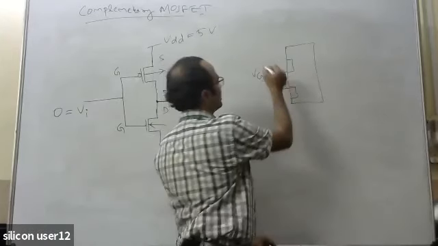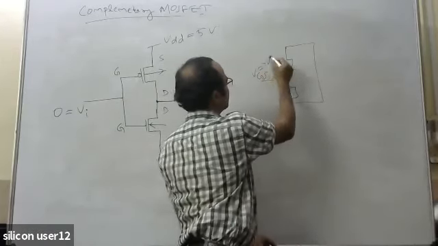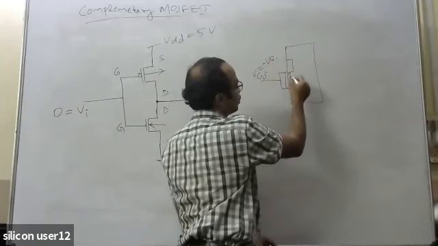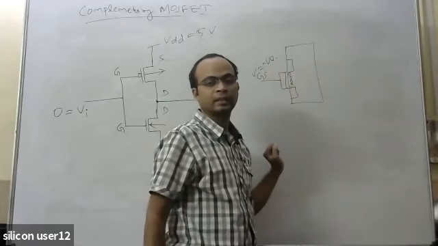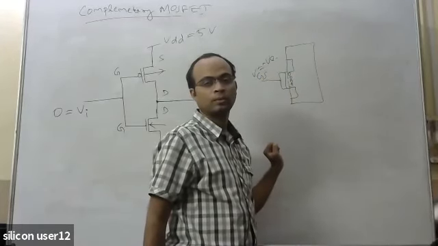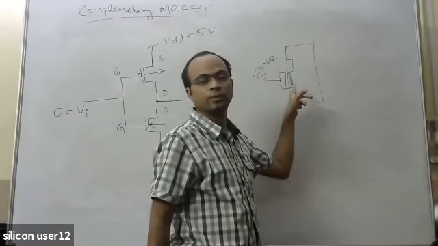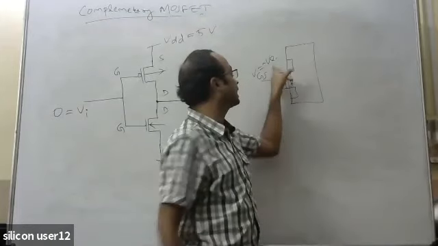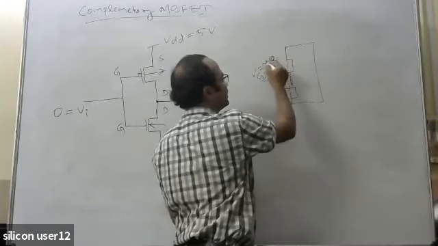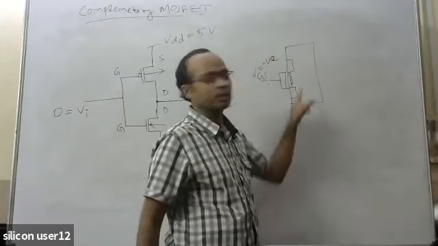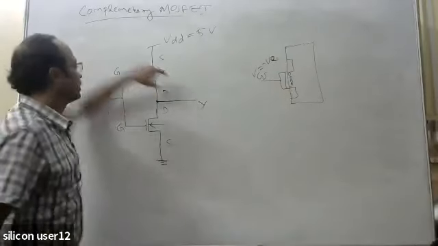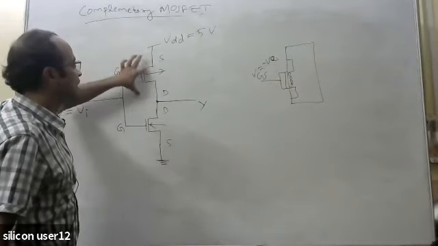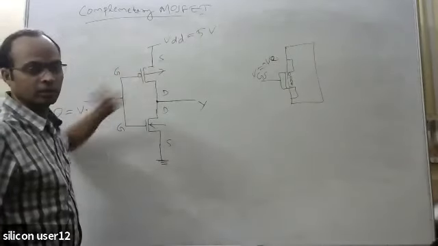So if this VGS is some negative value, then holes will be created here, or the path is created here. Yes or no? If this VGS is a negative quantity, then the channel is created. The channel is created means this PMOS can conduct.